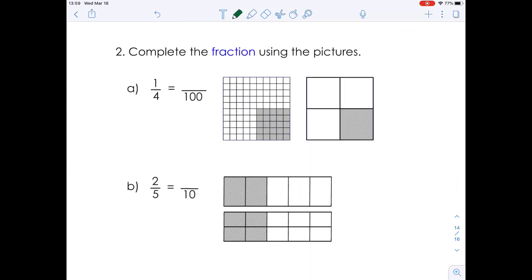So again, we are showing equivalent fractions here. Let's pause the video and see if we could find the missing numerator in these two questions. So that's the 1/4, and we can see that it's equivalent to these little, there's 100 of these little squares here. And this is essentially an array, right? We have 5 rows and 5 columns.